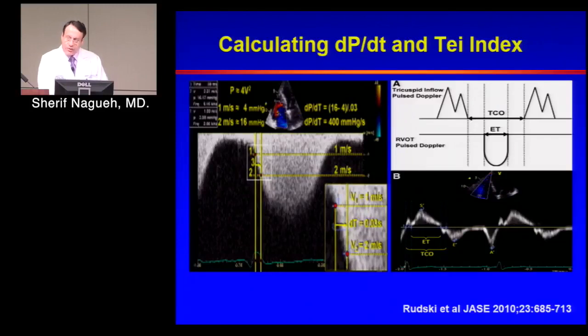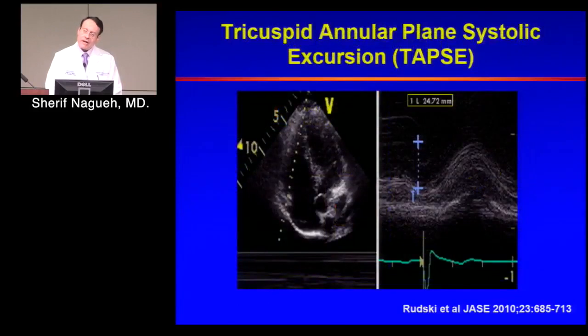The normal value is less than 0.43, and as that dimensionless parameter gets higher, dysfunction is present. The 2015 guidelines went out of their way to say that this is one of the parameters that should be considered if you are reporting on the RV quantitatively. It's not the only one.